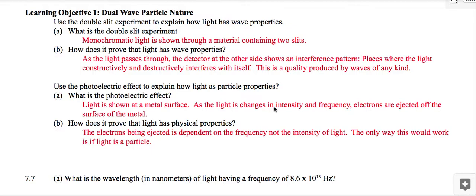But the scientists found that the amount of electrons transferred and their energy is dependent on the frequency. And that is what we would see if it's a particle. And so that's the important part there. All right. How does it prove it has particle properties? It's dependent on frequency, not the intensity of light. So frequency is the deciding factor, not the intensity. And that's evidence of particles, not of waves.